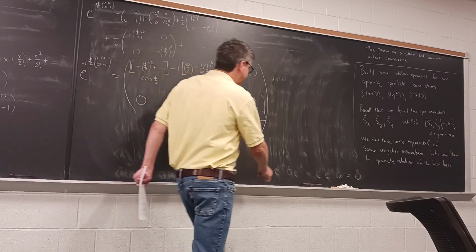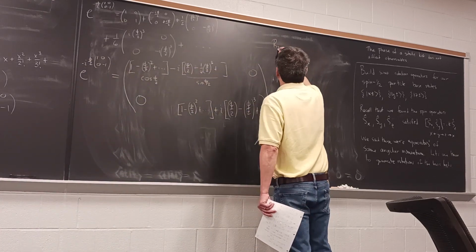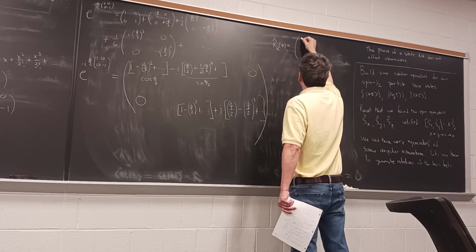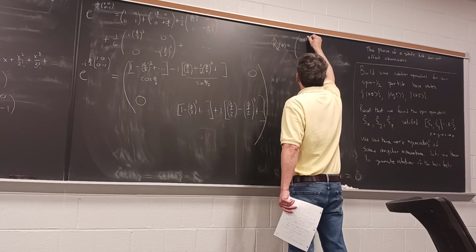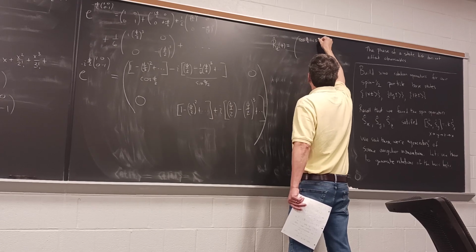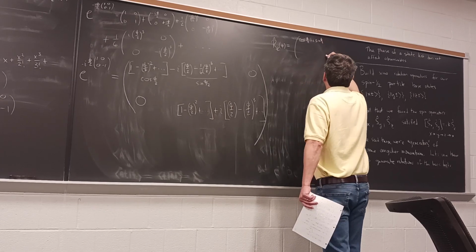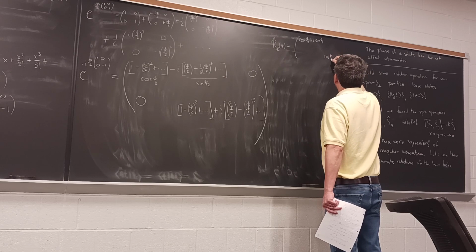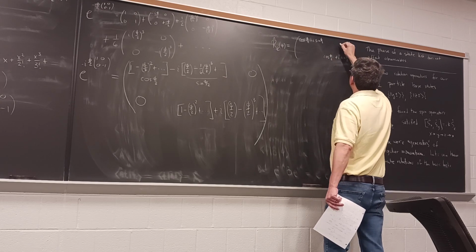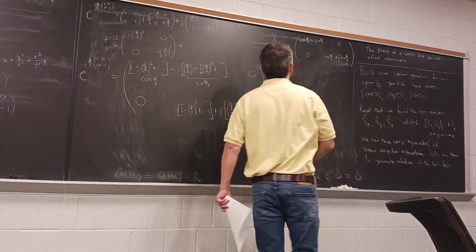So what the matrix is, so RZ of phi is equal to cosine phi over 2 minus i sine phi over 2, and then cosine phi over 2 plus i sine phi over 2.